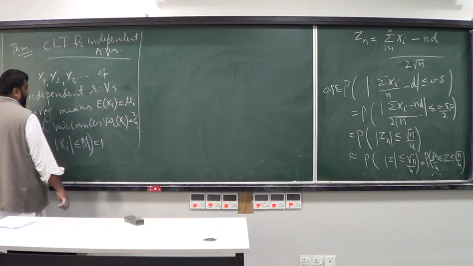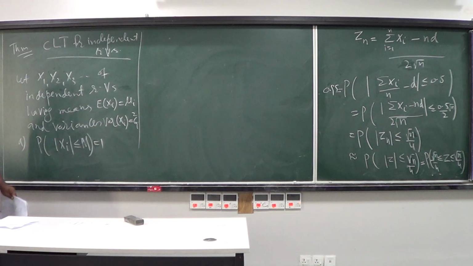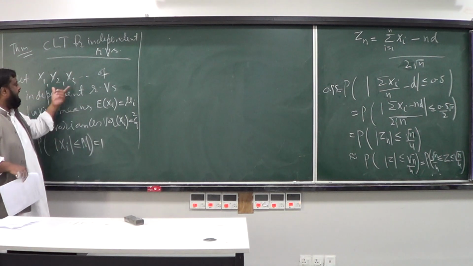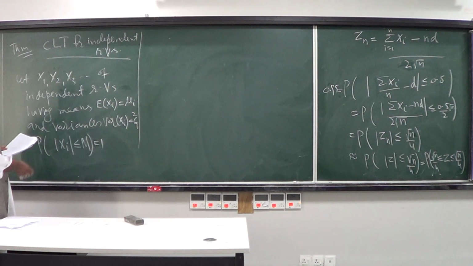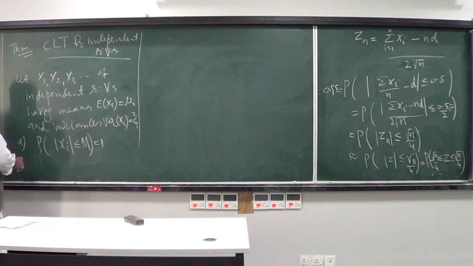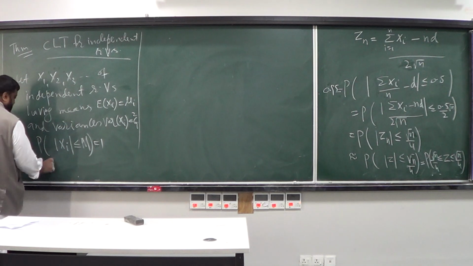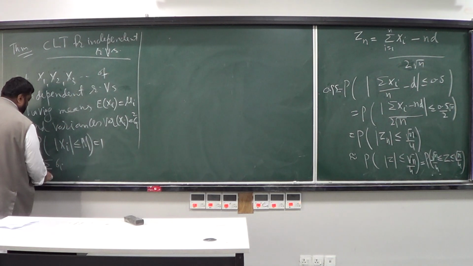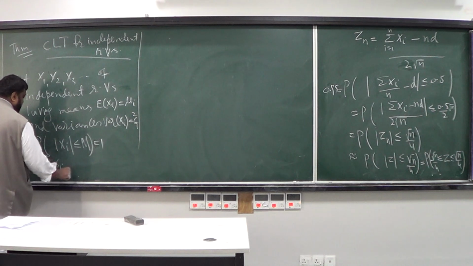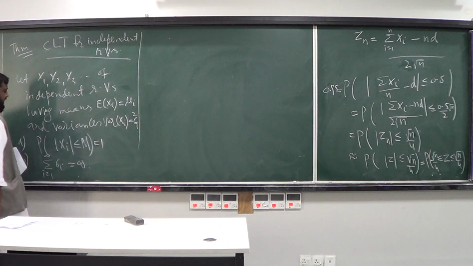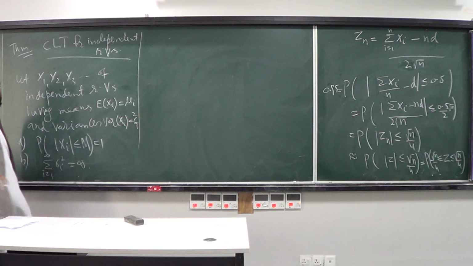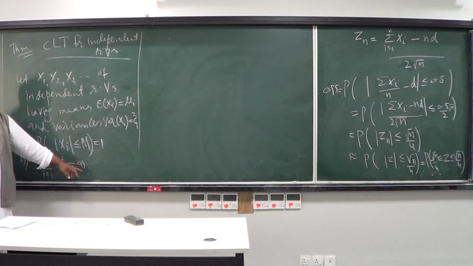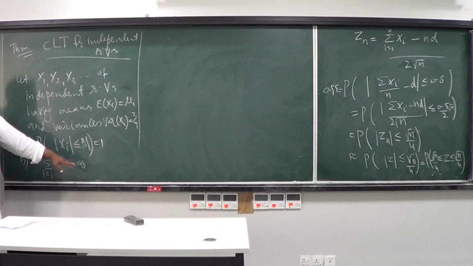In other words, all these random variables are bounded almost surely. And the second assumption is that the sum of all the variances, from 1 to infinity, is equal to infinity. In other words, the sum of the variances is a divergent series.